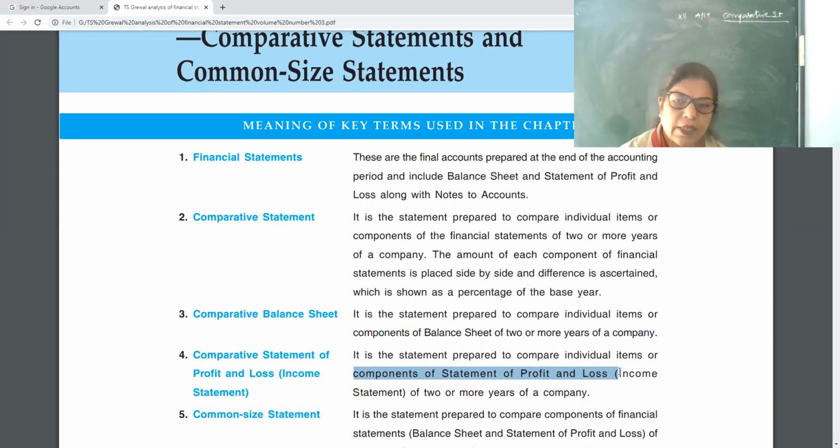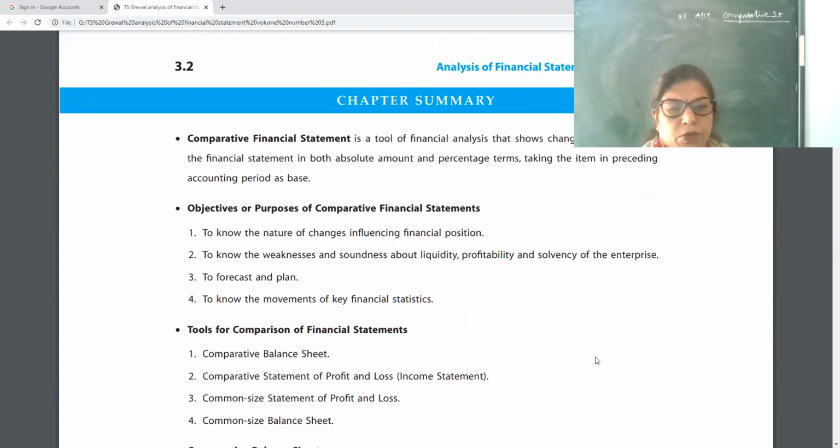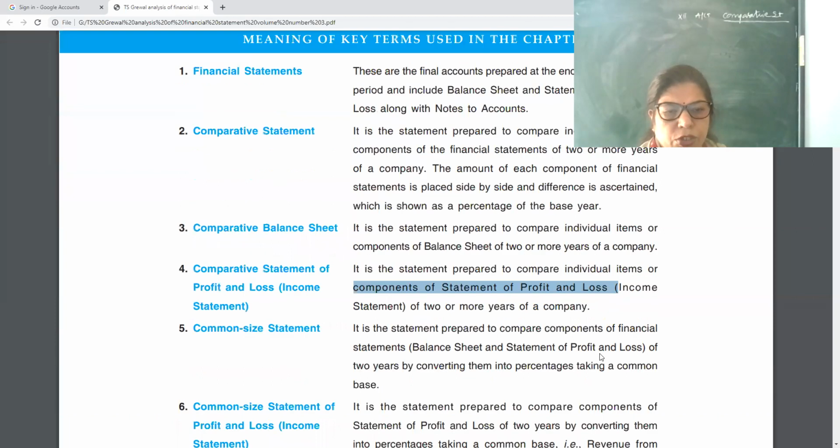When we deduct tax, then we can find out PAT, profit after tax. Okay, now see one by one. I am going to tell you about these two, but before that, we have to complete the theory part. So in this chapter, first of all, comparative statements.